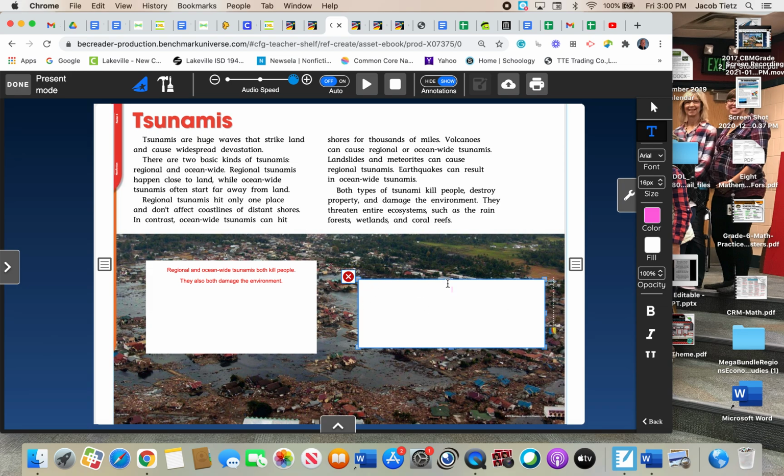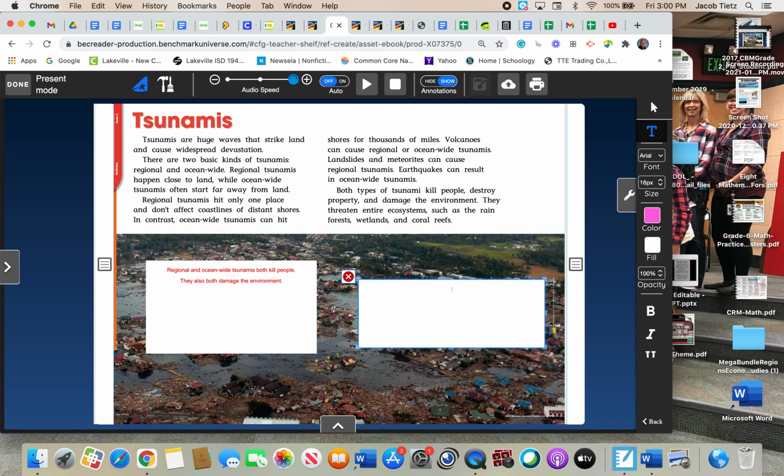Okay, so now we're looking for differences, right? All right, so it says there's two basic kinds of tsunamis, regional and ocean-wide. All right, regional tsunamis, it says right here, hit only one place and don't affect coastlines.